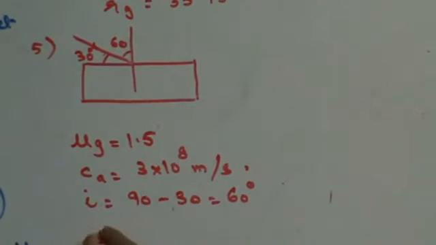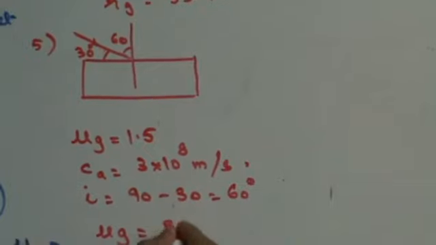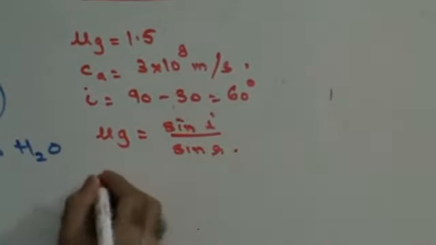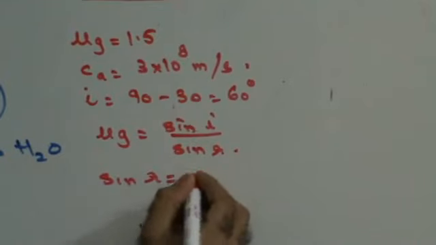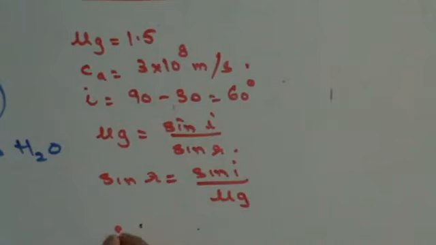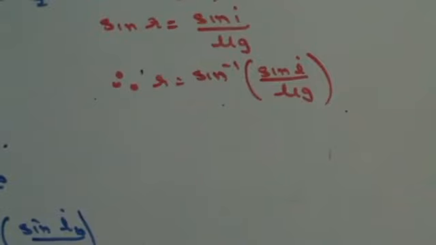I can therefore say that the refractive index of glass is sin I upon sin R by using Snell's law. Therefore sin R is sin I upon the refractive index, so R is sin inverse of sin I upon the refractive index, right? Once you have this, you will come to know your angle of refraction.